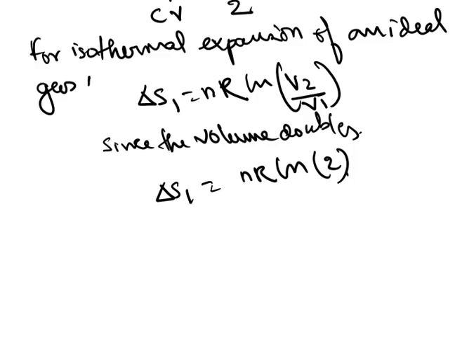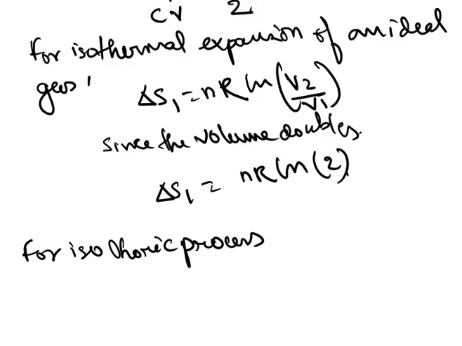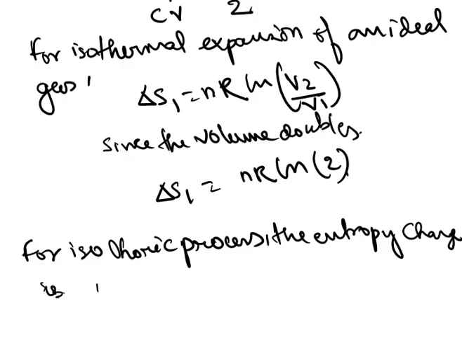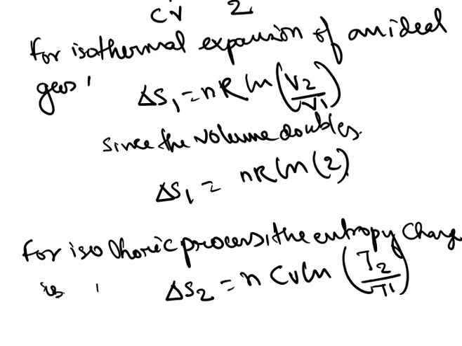So for the isochoric process, the entropy change is del S2 equal to n into Cv into ln T2 by T1, right?